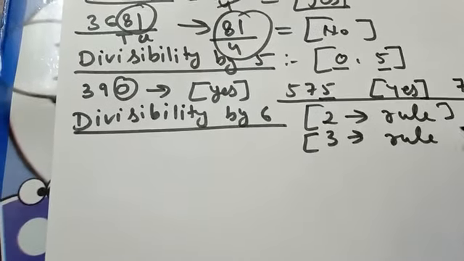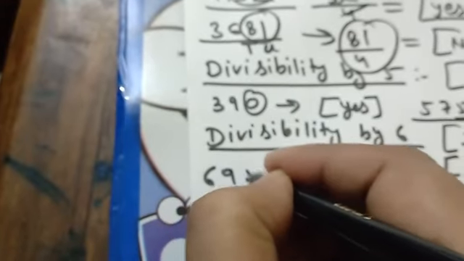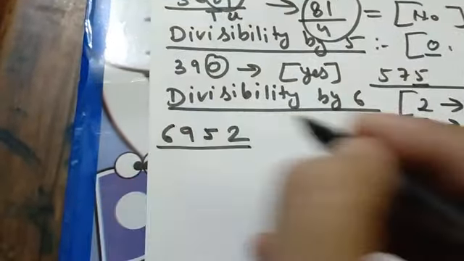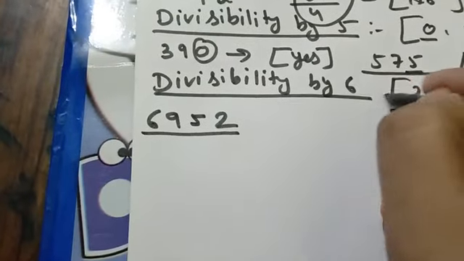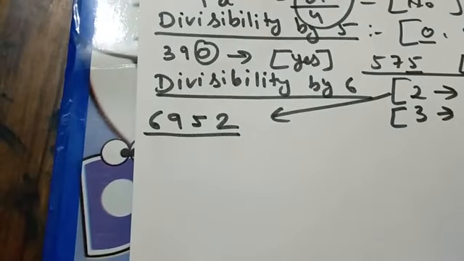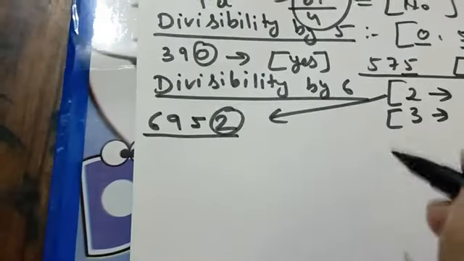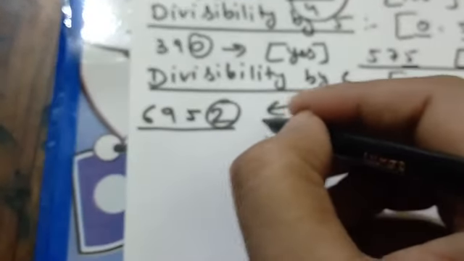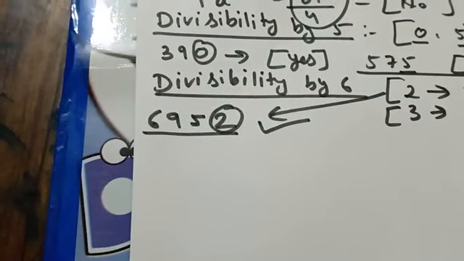How? Now I will take some number. I have taken this number. Observe the number and apply the divisibility test rules. For 2, the unit place is 2, so this whole number is divisible by 2.